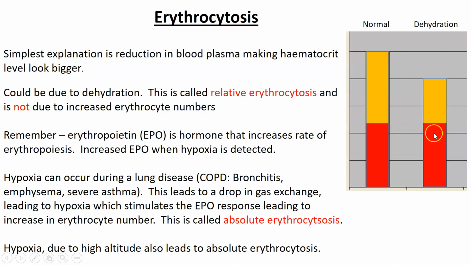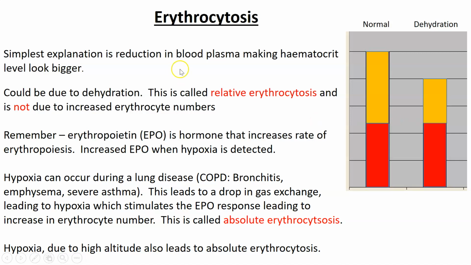But if you look at the red blood cell volume, it's the same as normal. So in fact, there is no erythrocytosis here. The red blood cell fraction is still the same. You're still getting the same kind of concentration of red blood cells. It's just that the proportion of it in relation to the plasma is much more. So it looks like there's more.